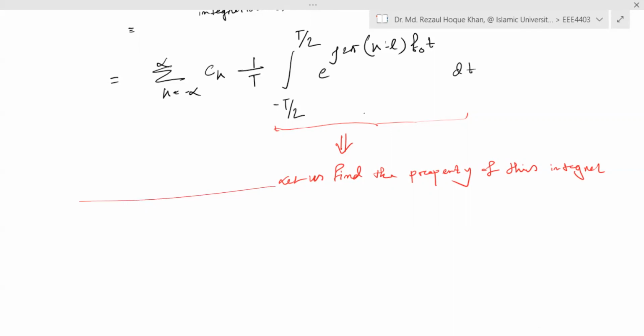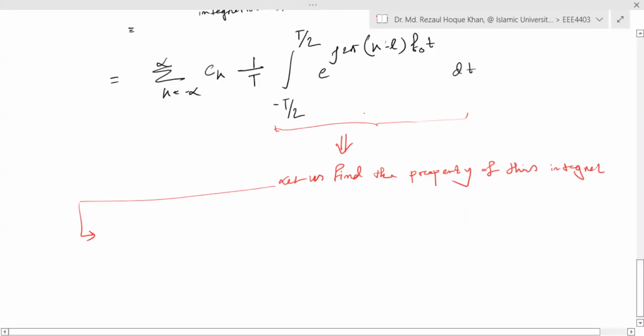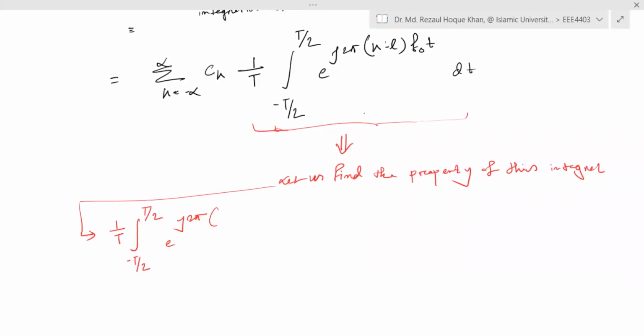Here is the solution, and we are solving only this part: 1 by T, integral from minus T by 2 to plus T by 2, e to the power j 2 pi (k minus L) f0 t dt.